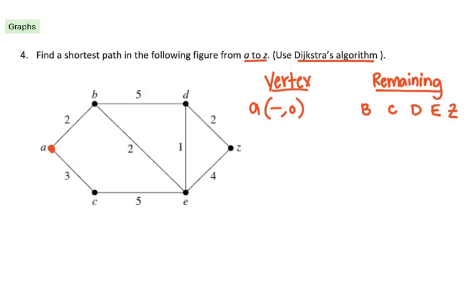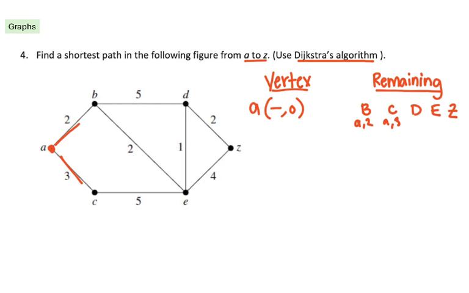So if we're standing on A, we could either go to B in 2 or we could go to C in 3. So from A, we could get to B in 2, and from A, we could get to C in 3. The other vertices we can't get to yet.